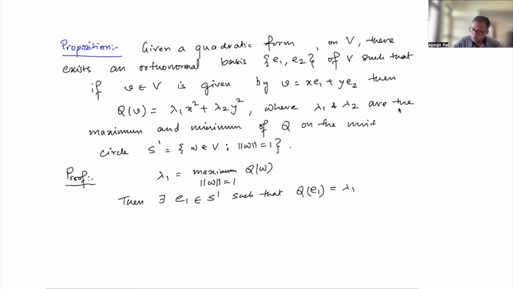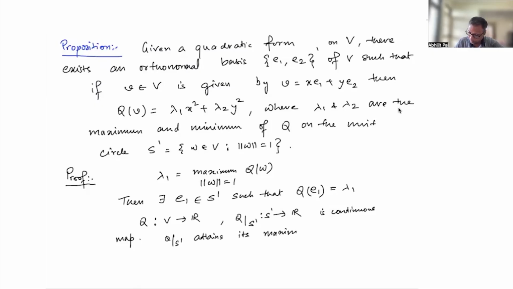Why is this true? Q is a map from V to R, and we are restricting this Q to the circle. The quadratic form is a continuous map, and the circle is compact, so its maximum and minimum will be attained.